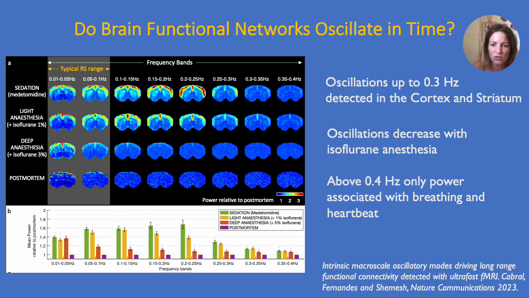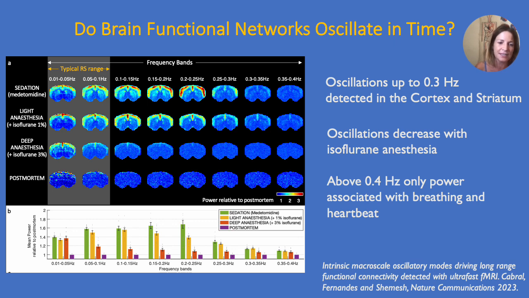These oscillations were found to decrease with the addition of isoflurane anesthesia, as predicted. So as you can see in the second row, we have slightly less oscillations, particularly there at 0.2 hertz. So we find that isoflurane clearly acts on the power of those oscillations, and if we further increase the concentration of isoflurane, we lose most of the power above 0.05 hertz.